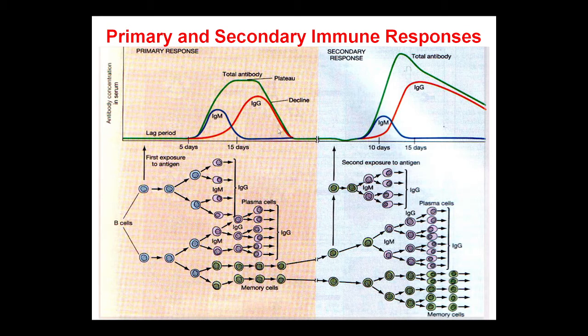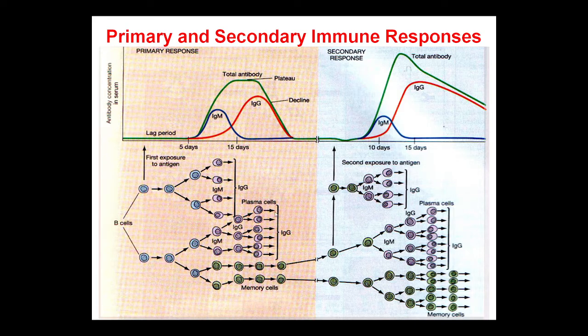This peak is shown stained red; the peak is higher and lasts longer. Green cells are shown in this left part of the scheme that reflects the primary immune response.